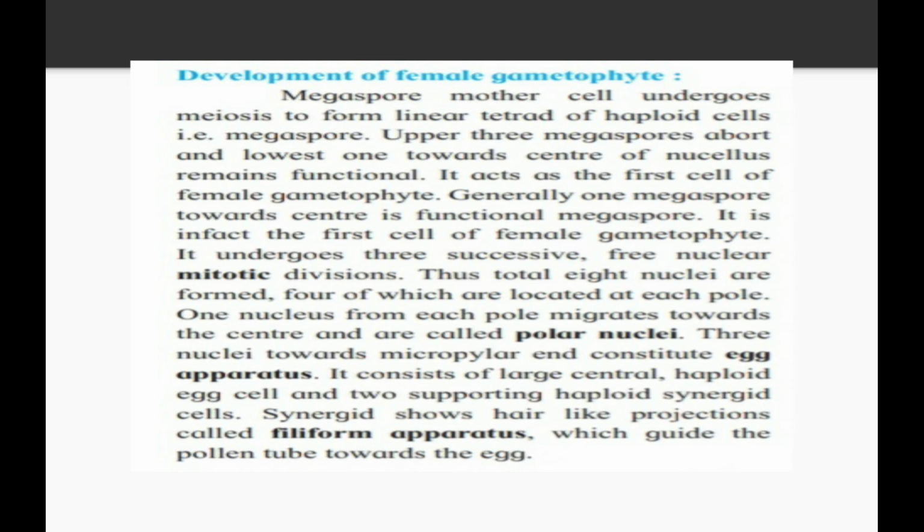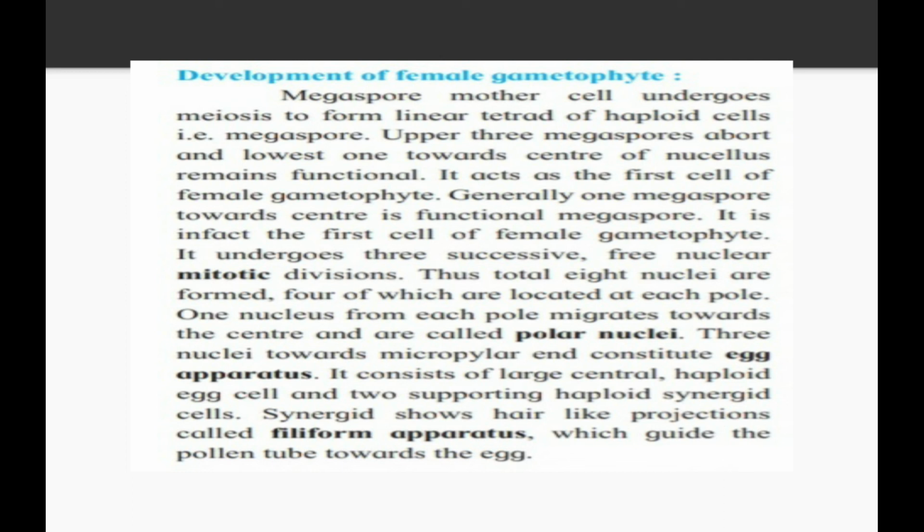Thus, a total of 8 nuclei are formed, 4 of which are located at each pole. One nucleus from each pole migrates towards the center and they are called polar nuclei. The 3 nuclei towards the micropylar end constitute the egg apparatus.